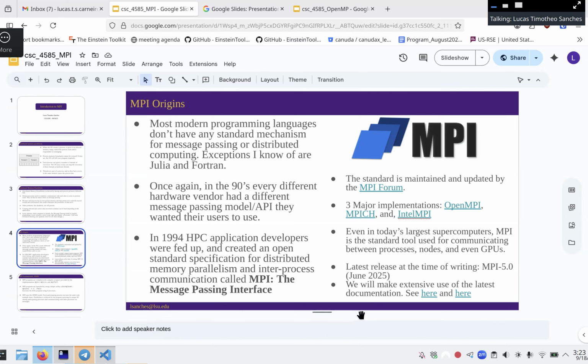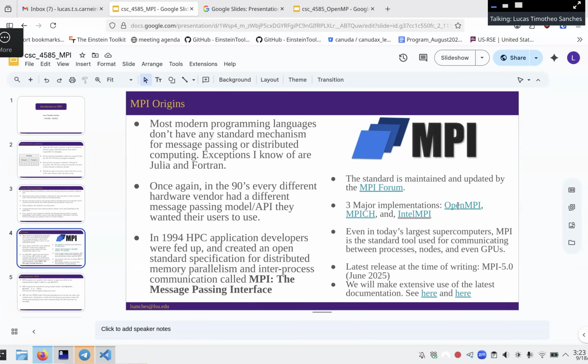And the latest release is from June 2025, so kind of recent. We have three major implementations of the MPI standard: OpenMPI and MPICH, which are open source. MPICH is done by the Argonne National Laboratory.